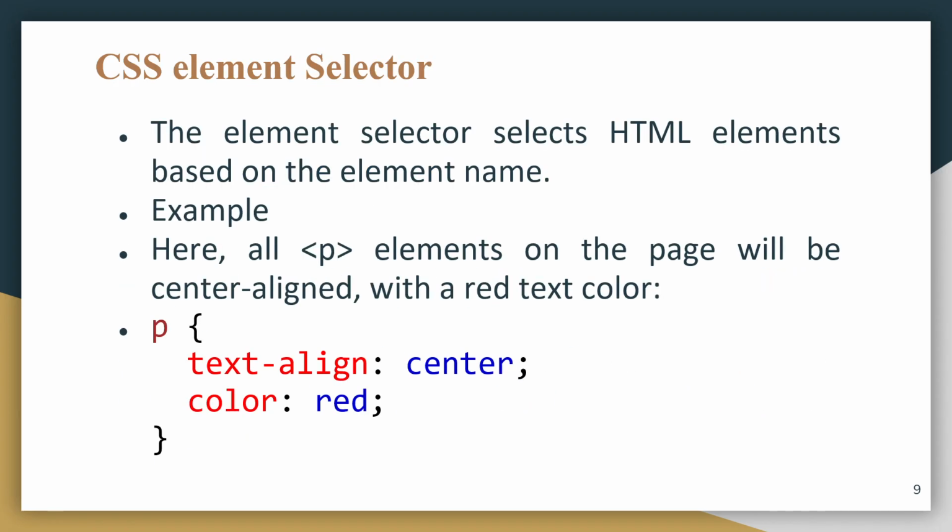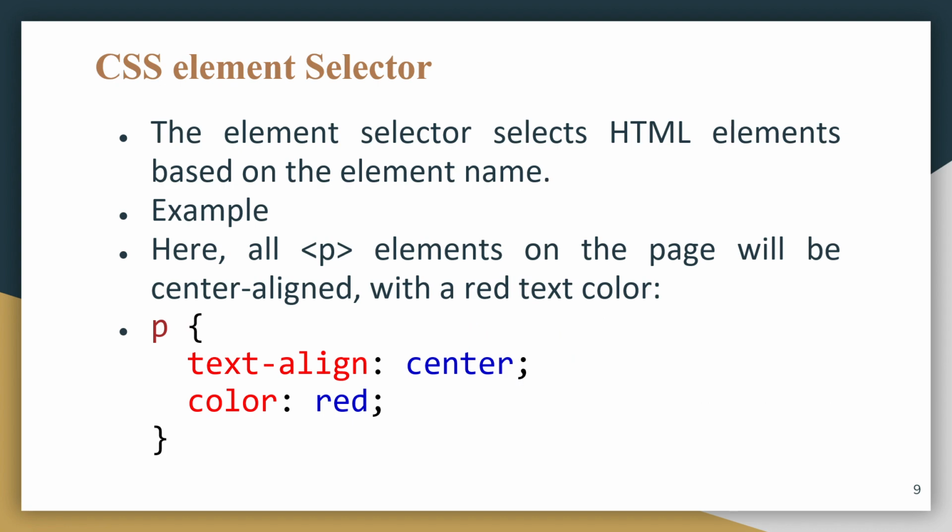Clear? Okay. Next, CSS contains different types of selectors: the element selector, ID selector, class selector, universal selector, and so on. First we'll see the CSS element selector. It selects elements based on the element name.